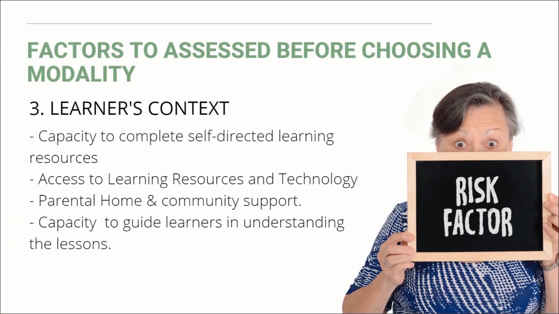All right, so we also talk about the learners' context. A while ago, I emphasized that the learners' context should also be considered. Number one is the capacity to complete self-directed learning resources. Given the distance between the learners and the teachers, can the students actually complete a self-directed learning resource using modules or using TV or radio broadcast?